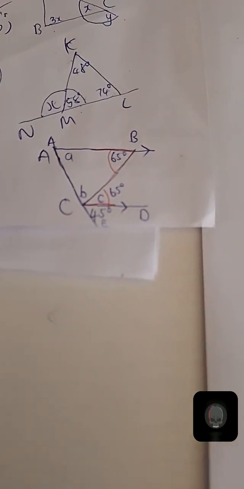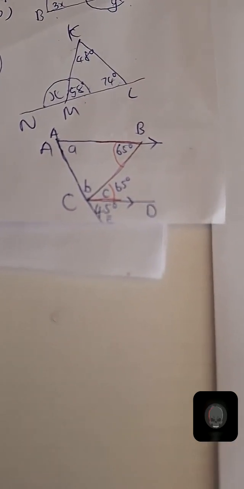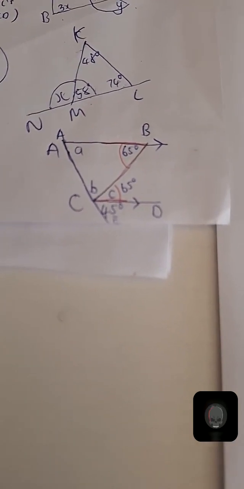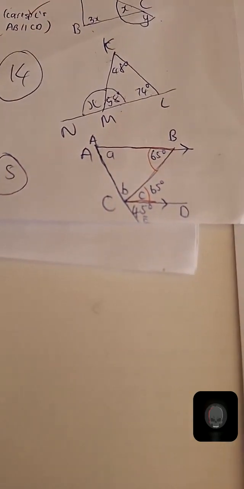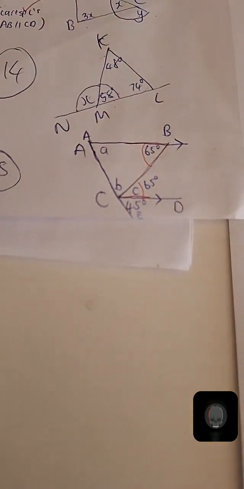And then A equals 45 degrees. A is equal to 45 degrees. Okay, I'm listening. I'm not going to write anything down yet. I'm unsure about your answer, but you seem to be sure. A equals 45 degrees, corresponding angles.